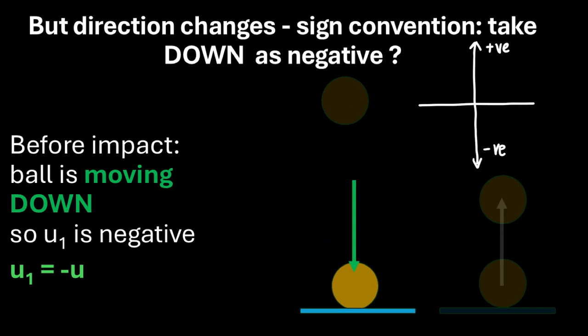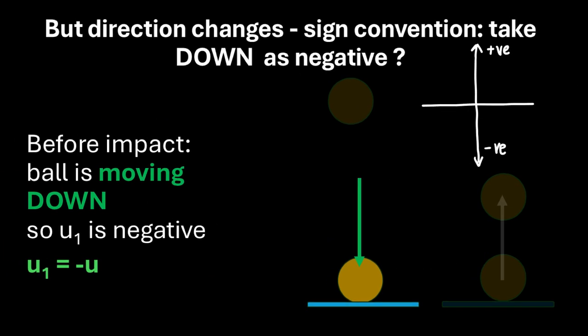Now the question comes, which has been bugging you right from the previous explanation, regarding the direction of these velocities. The direction changes. Sign convention: take down as negative, so moving downwards is negative and moving upwards is taken as positive. Before impact, the ball is moving downwards because the ball is coming towards the floor.